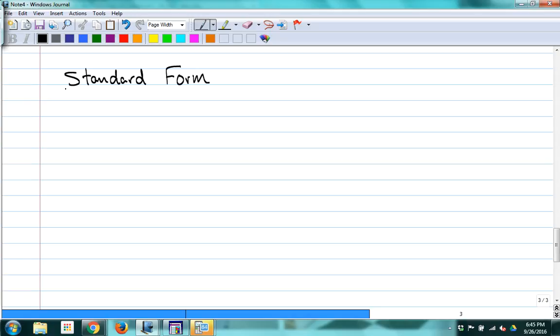Standard form, you don't have y by itself. It's a little different. I'm not sure why they call it standard, other than maybe this is the first way they wrote it. I don't know. It looks like this: ax plus by equals c.